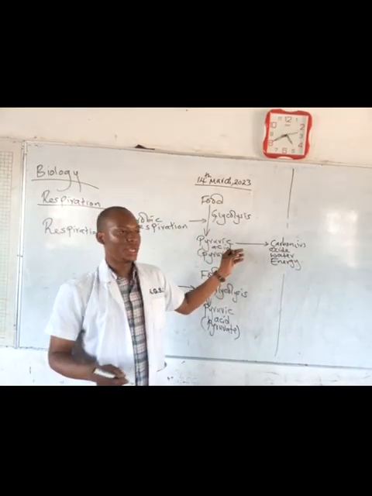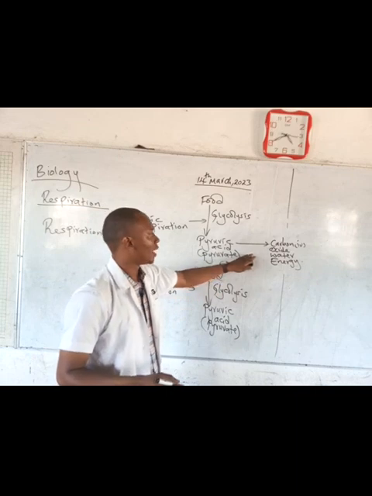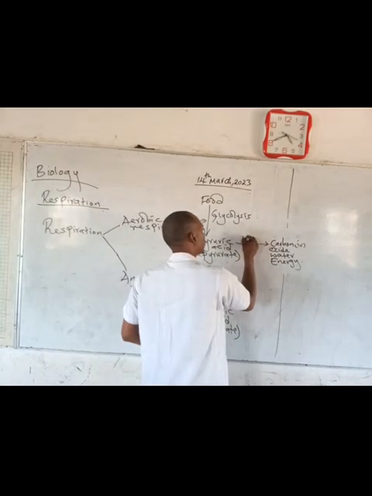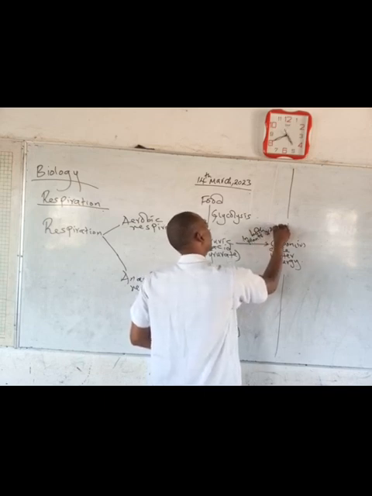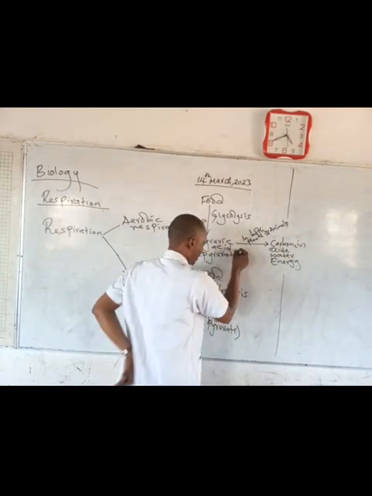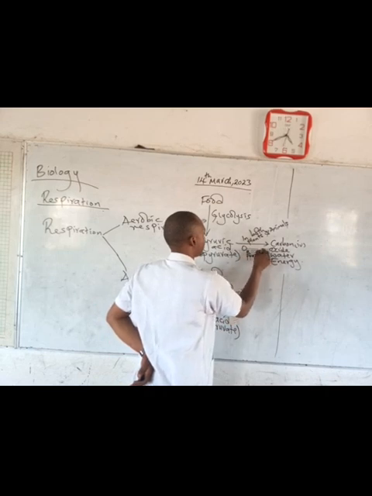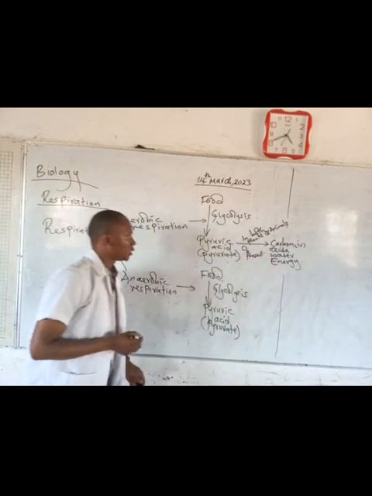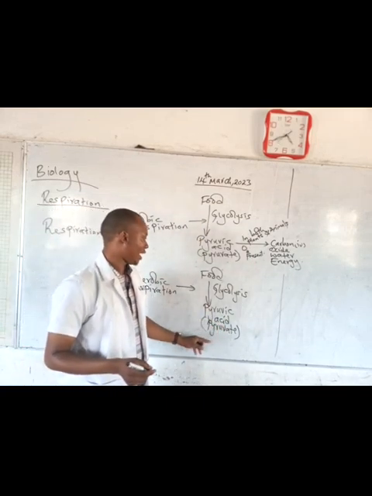This will be in both plants and animals. What we have in common is that oxygen is present. Then what happens when the food has been broken down to pyruvic acid?